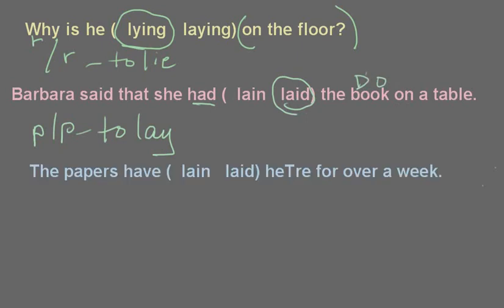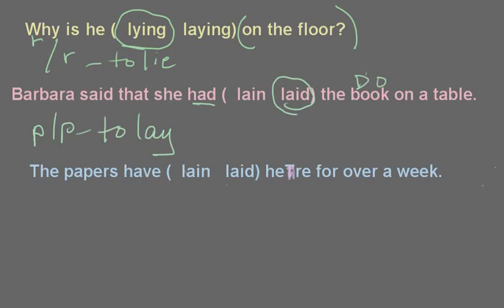Next one. The papers have lain or laid, and I've got a typo here, which let me get rid of for you. Just ignore that, okay? Here for over a week. Well, have put here?